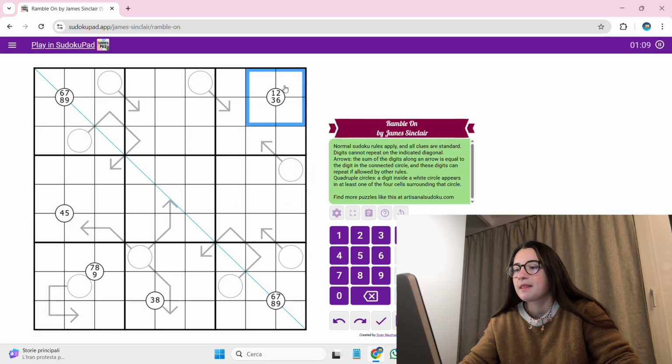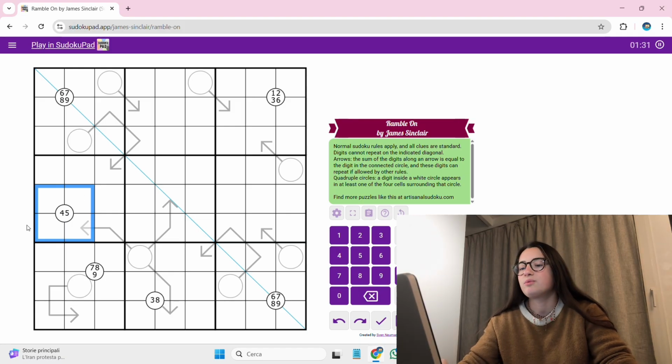Let's say this one, we have 1 2 3 6. So the digits in this 2 by 2 square are going to be 1 2 3 6, but obviously we don't know in which order. This one is a bit different because we have just 2 given digits, so we know that in this 4 there will be a 4 and a 5, but again we don't know where.